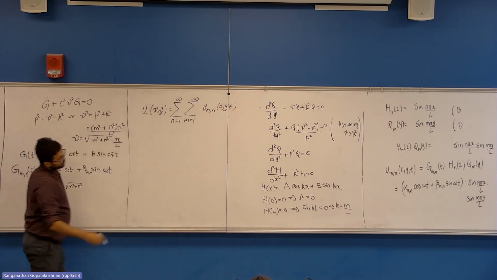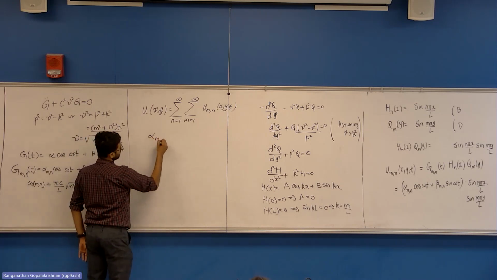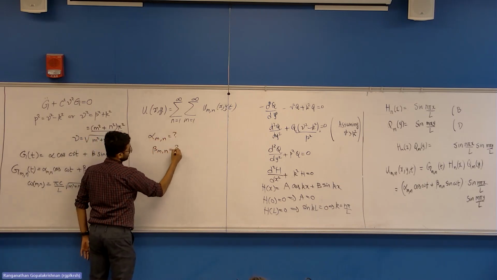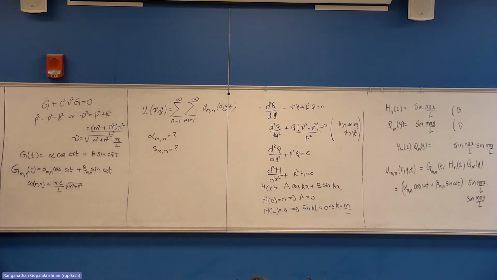At this point, we have alpha mn and beta mn that need to be worked out.